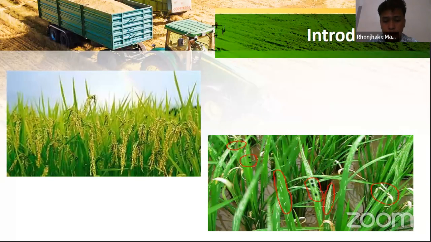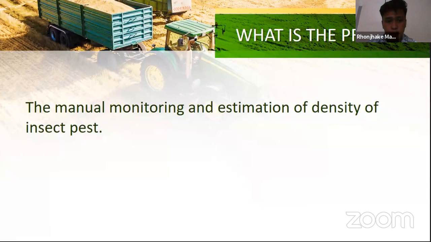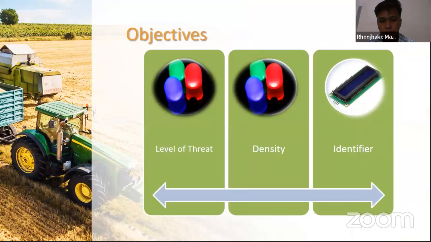So the purpose of this study was to develop a device that would help to simplify a task and prevent a long-term process of testing and insecticides in the paddy field. What is the problem? The problem is the manual monitoring and estimation of density of pest insects. Objectives.